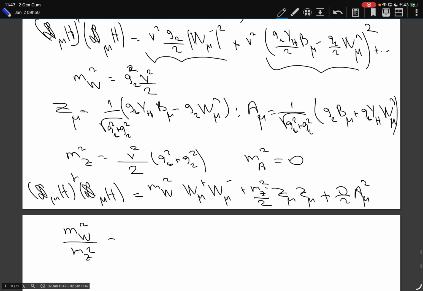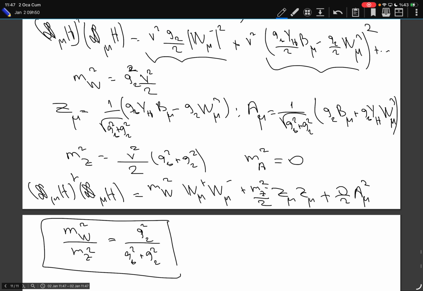This is just G2 squared divided by G1 squared plus G2 squared. You see, this model predicts that the Z boson should be heavier than the omega boson. Furthermore, the ratio is determined by the interaction strengths. So this is a very strong prediction.